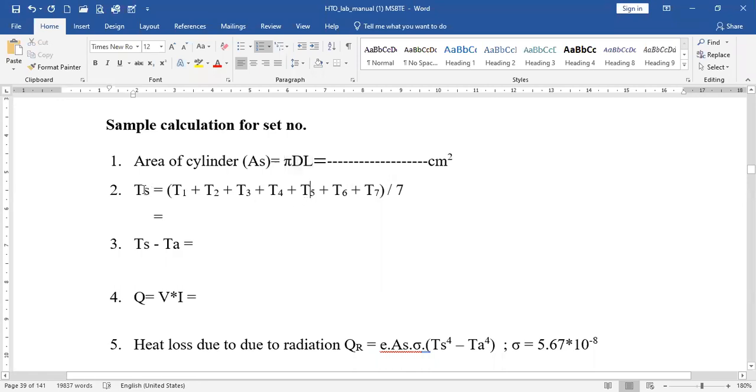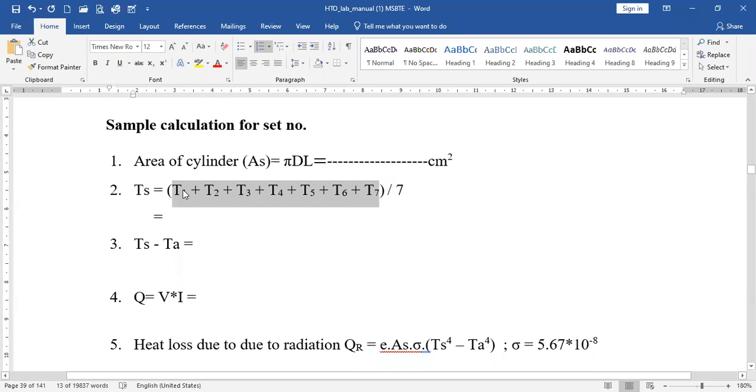Then you can calculate the average surface temperature with the help of the 7 temperatures, because T1 to T7 are the surface temperatures of this copper tube. So the average temperature of this copper tube is T1 plus T2 plus T3 plus T4 plus T5 plus T6 plus T7, divided by 7.